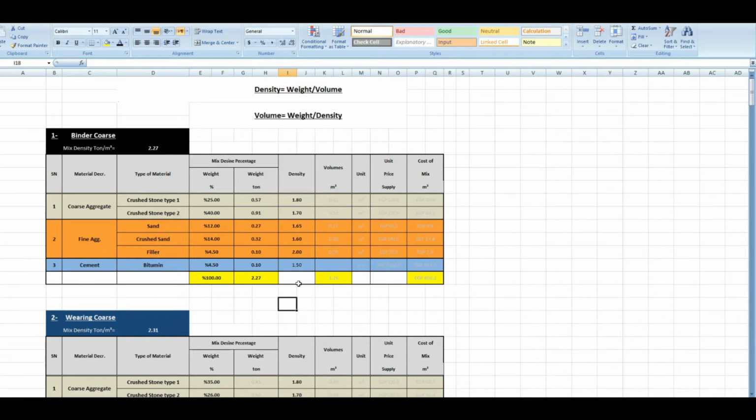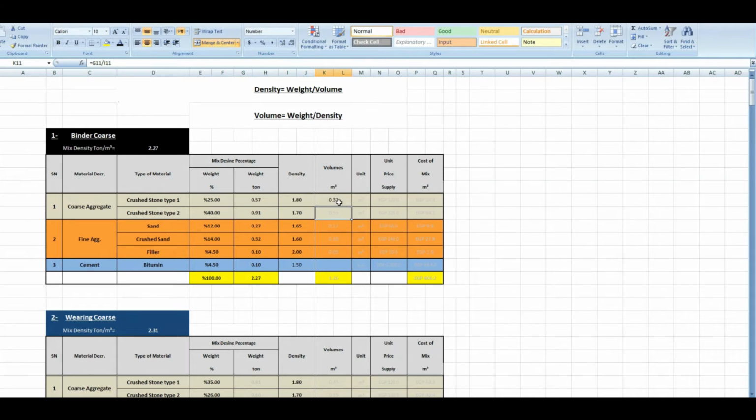We have a density here, and material is imported actually by volume, cubic meter. We have here weight. Now we can manage it from this equation: volume equals weight over density, equals the weight of crushed stone type 1 over its density.